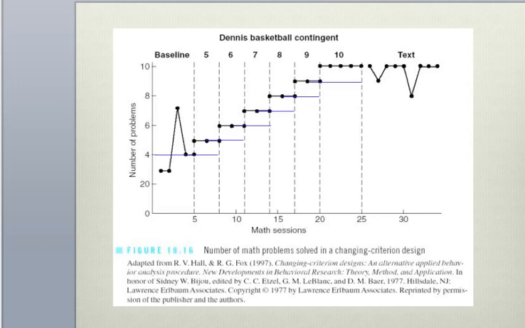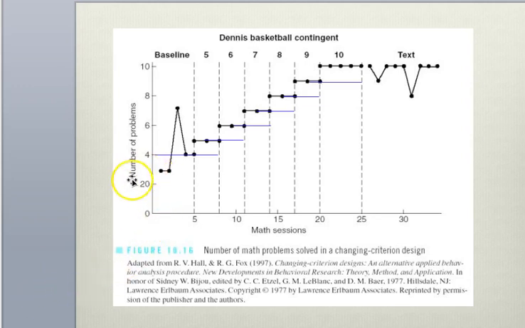So basketball is contingent on successful achievement of an increase of solving math problems. So they kind of teamed up with the coach, and he gets to play basketball if he solves a certain number of math problems.